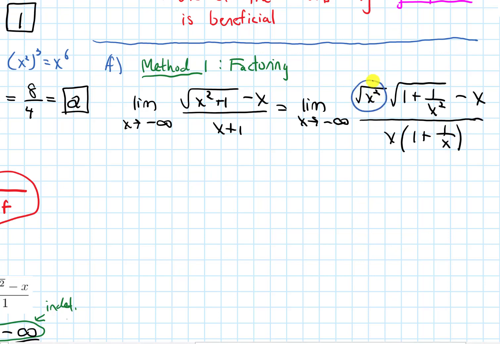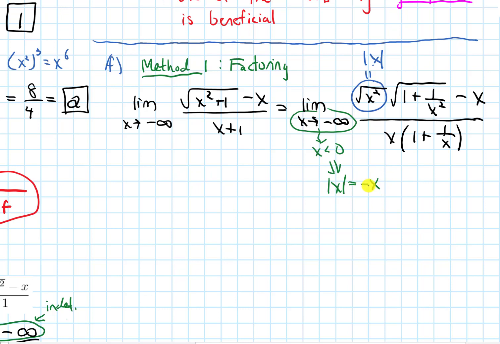All right, square root of x squared, we know that that's going to be the absolute value of x. And because x is going to negative infinity, that means x is less than 0. As a result, when I get rid of the absolute value, I can't just write x because x is negative and the output of an absolute value can't be negative.